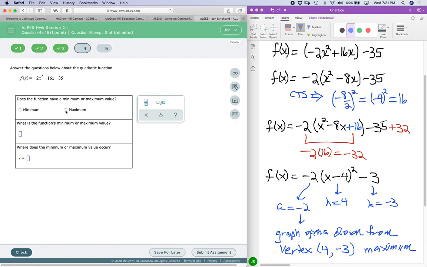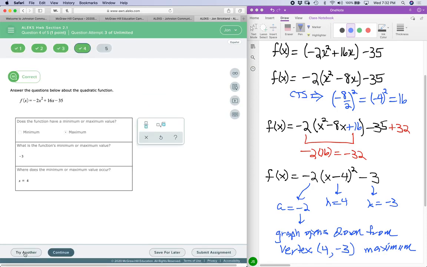And the function's maximum value is going to be the y or the k coordinate, so that is going to end up at negative 3. And the maximum is going to occur at x equal to 4. And upon checking, we have the correct result.